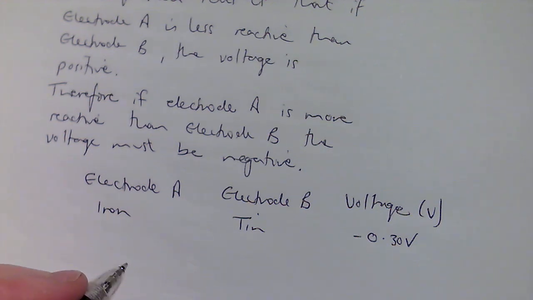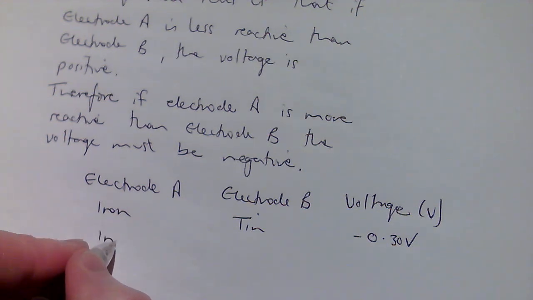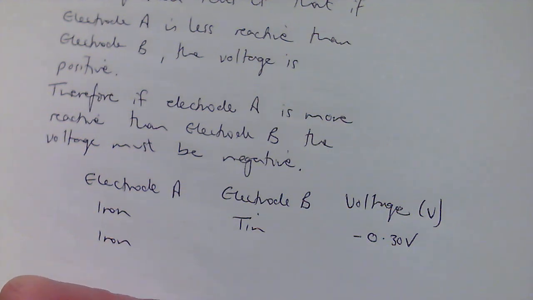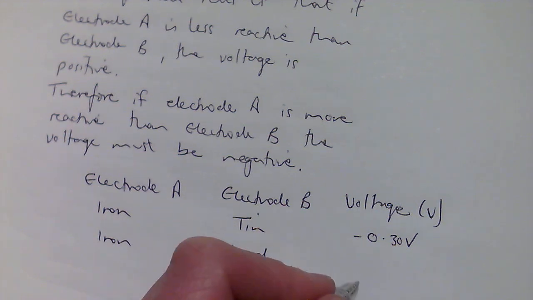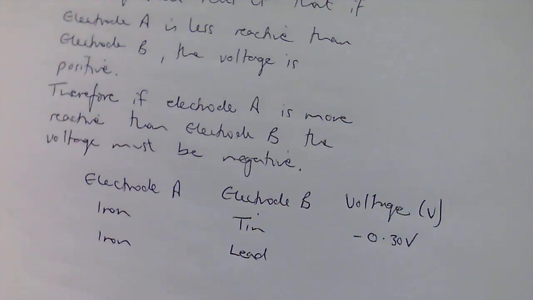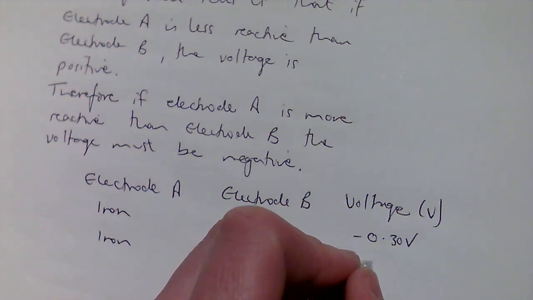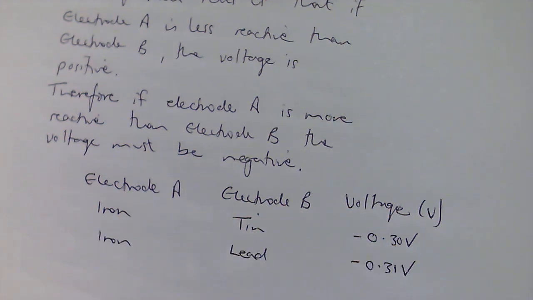In a second cell, a completely separate cell, we make iron electrode A, we make lead electrode B this time, and this time the voltage reads minus 0.31 of a volt. So that's the information that we're given, and now we've got to work out the order of reactivity of iron, tin and lead.